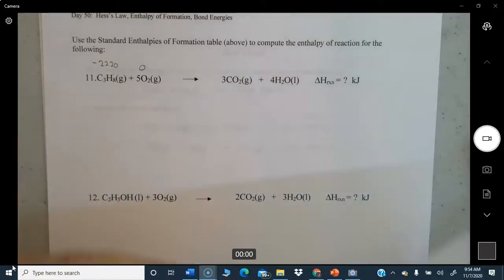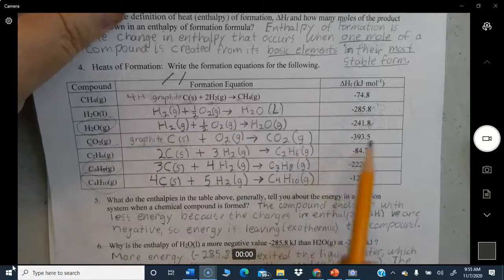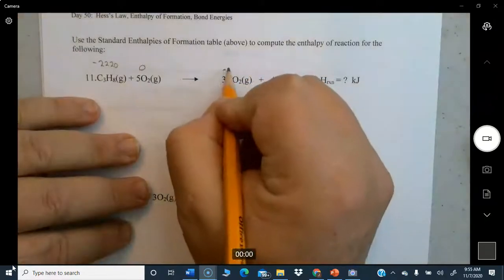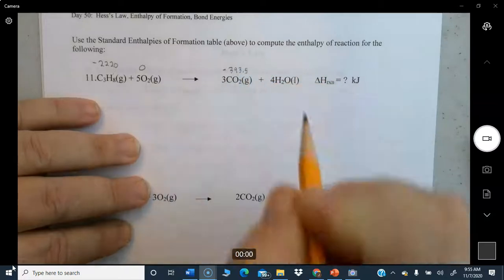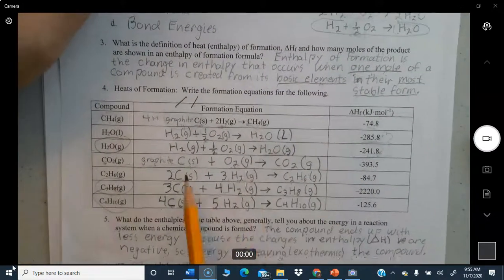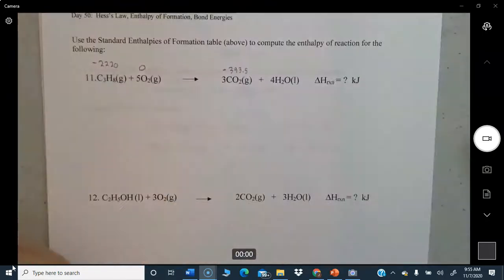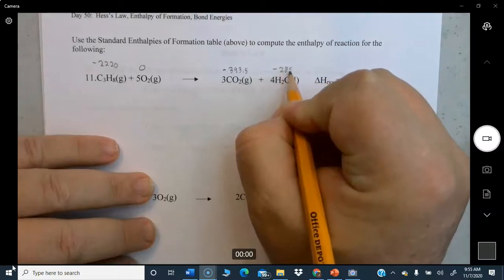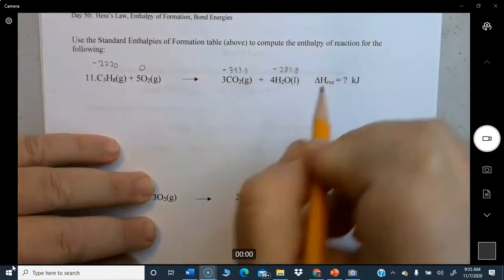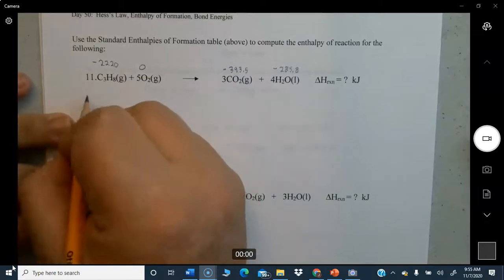Carbon dioxide, 1 mole of carbon dioxide is negative 393.5. And water in liquid form, be sure you see what the state is, negative 285.8. That's all in kilojoules.